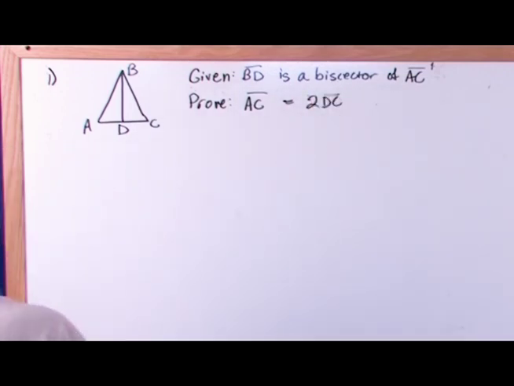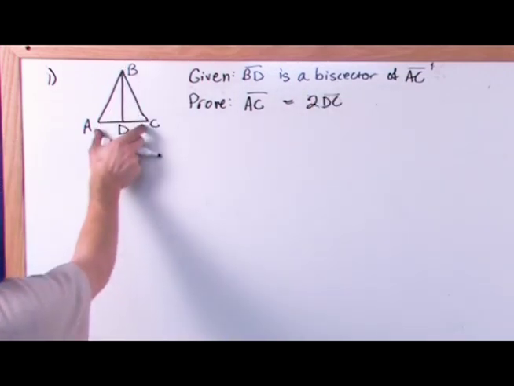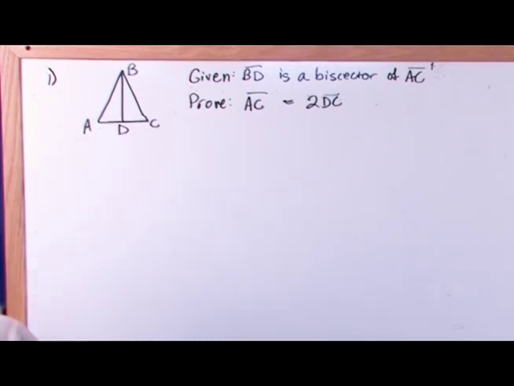So you're given that this is a bisector of this, and you're trying to prove that AC is equal to 2 times DC. Okay, so how are you going to do that?